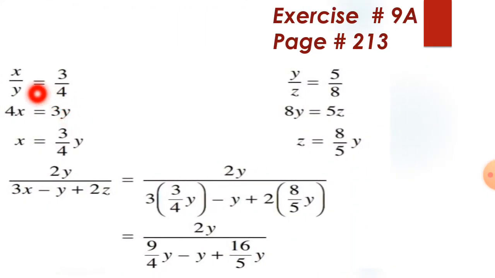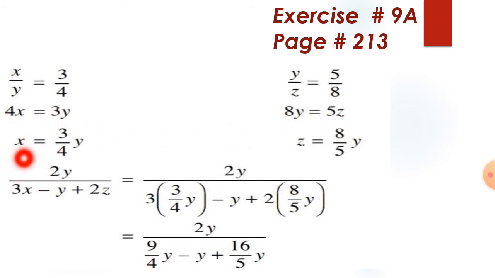For the solution of these questions, first of all we have to separate the values of x and y, that is x over y is 3/4. y over z you can call 5/8, and over here the same cross multiplication is going to be repeated, that will be 4x and 3y, and 8y and 5z. You can see this step is clear.